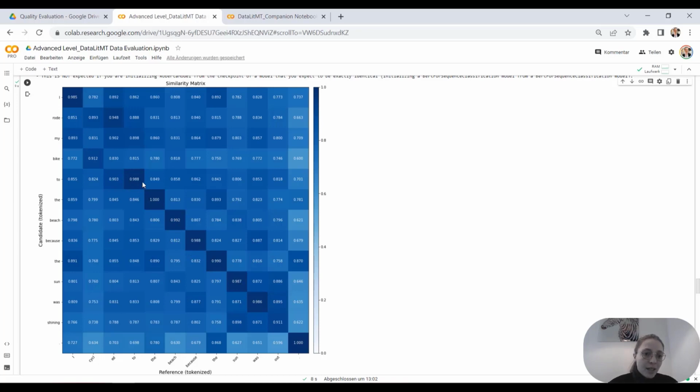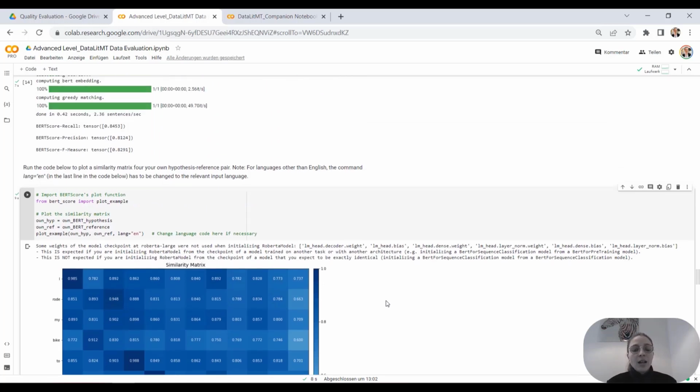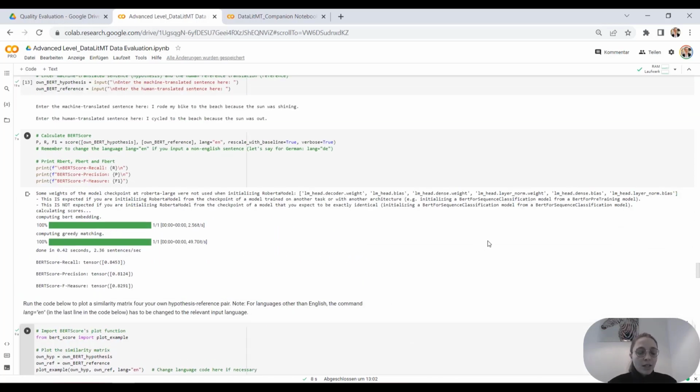But then here, where we have rode my bike, or in the other sense we have cycled, it's scored a little lower. So here we can see that where the words are the exact same or very similar meanings, they get really high scores, and here where we formulate it a bit differently, we get a little lower score. So once again, that is probably what affects the fact that we don't get a really high score. But yet again, it is a very similar meaning that these two sentences convey. So once again, we do get a relatively good value for BERTScore.